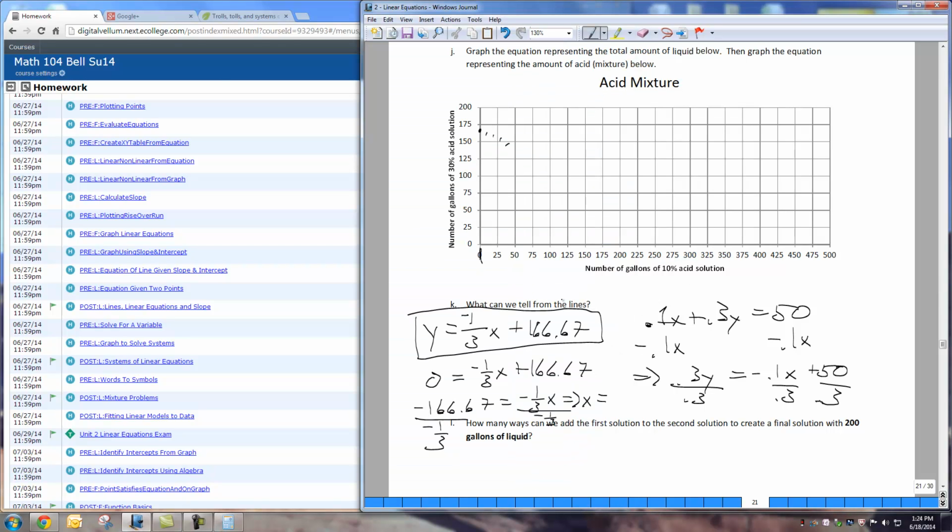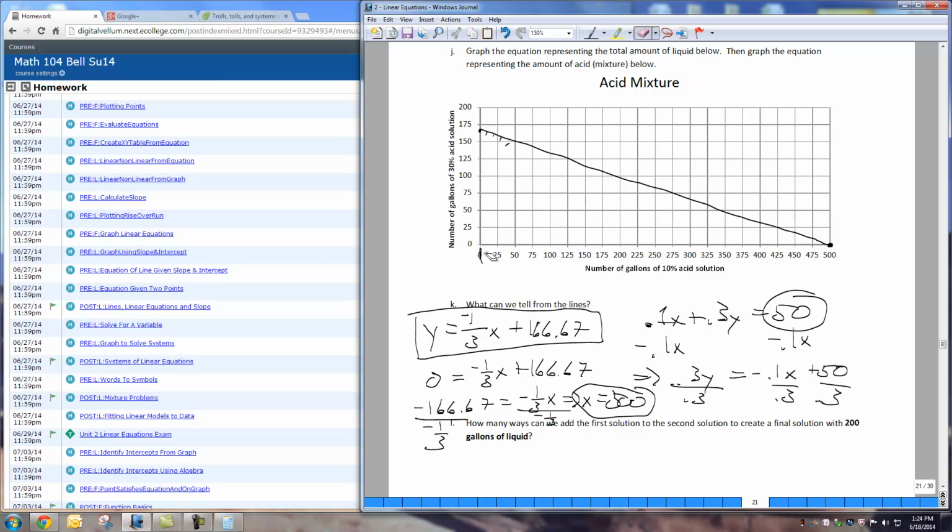That gives 500. Which makes sense, because this value needs to be 500: if I have 500 gallons of 10% solution, that means I have 50 gallons of acid. So you connect these two dots, and there's that graph.